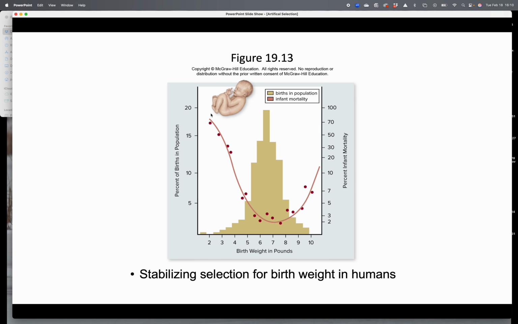Nowadays, we have much better postnatal care for premature babies. So oftentimes hospitals will have pediatric units that are designed to care for premature babies, and so there are premature baby ICU units. And so this mortality line for premature babies has gone down. It's not down to normal weight babies, but it's considerably lower than it was. And because we do cesarean sections whenever there's a complication with a pregnancy due to the size of the baby, we don't go through a natural birth.